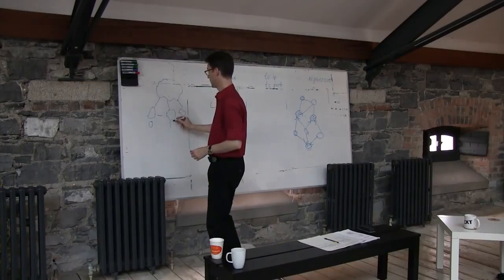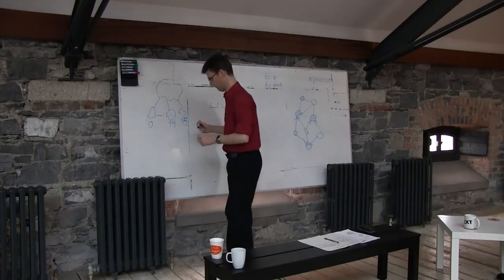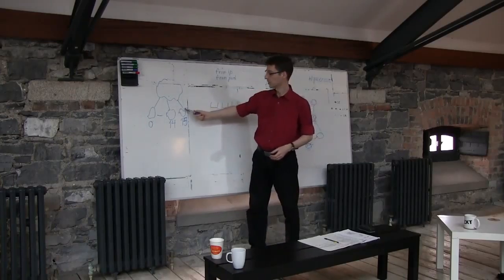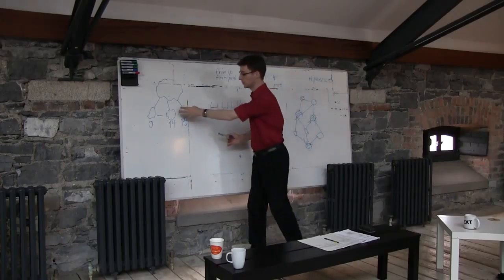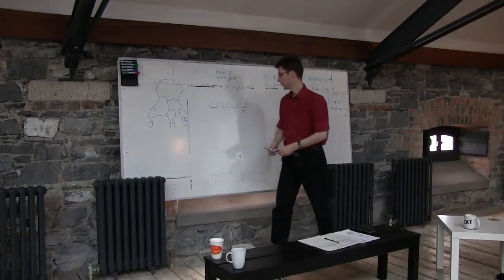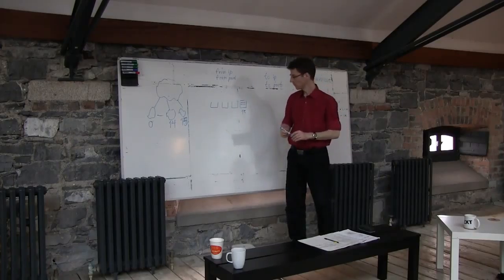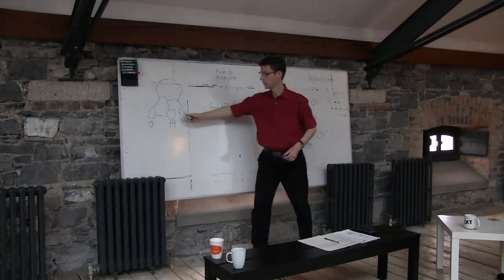Zero, 14, 15. Every node in the big cloud, of course, needs to know of the nodes in bucket 15, in the subgroup 15. So I need to have a list of node addresses here, at least 3. And I need it for every bucket here, for all these ones.